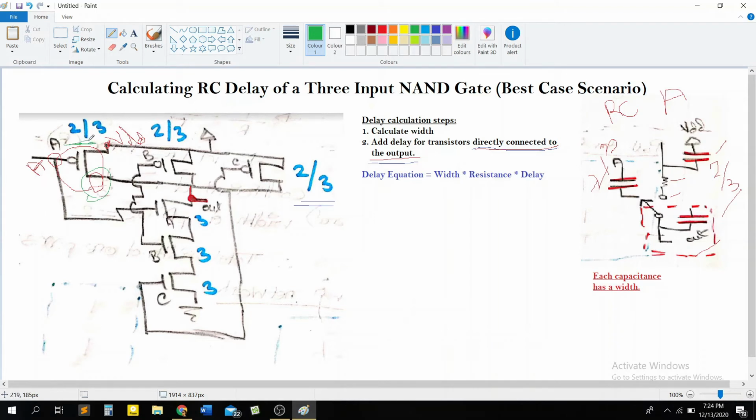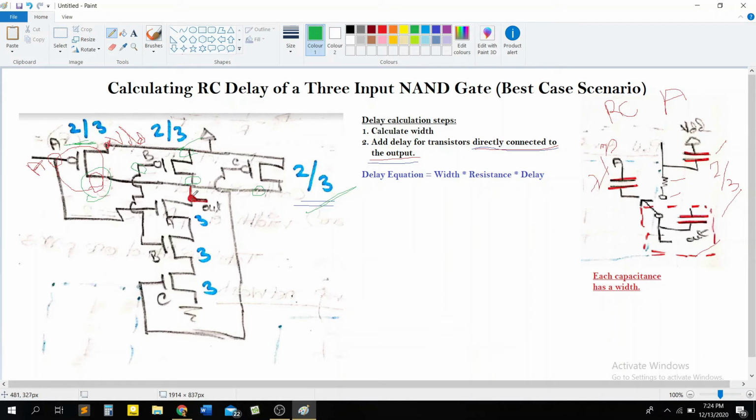Alright, so in the same way, we can also do it for this PMOS. This capacitance is connected to VDD, so we won't consider it. This gate capacitance is connected to B, and we will only consider the drain capacitance here. So that one is 2x3. And the same can be said for this one. So we will only consider the capacitance here, which is 2x3.